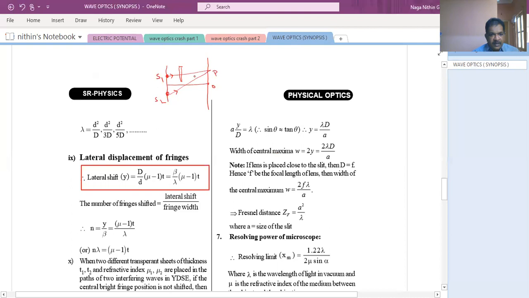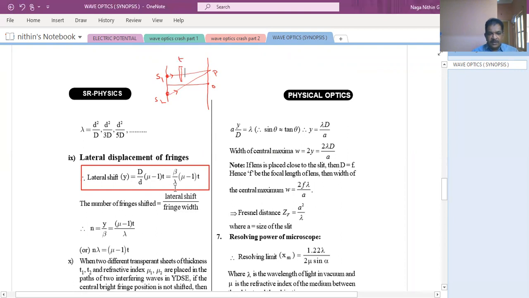Then there will be a shift in the bright band position. What is the shift, they will ask. The lateral shift formula will be capital D by small d, (mu minus 1) into T, where T is the thickness of this glass slab.